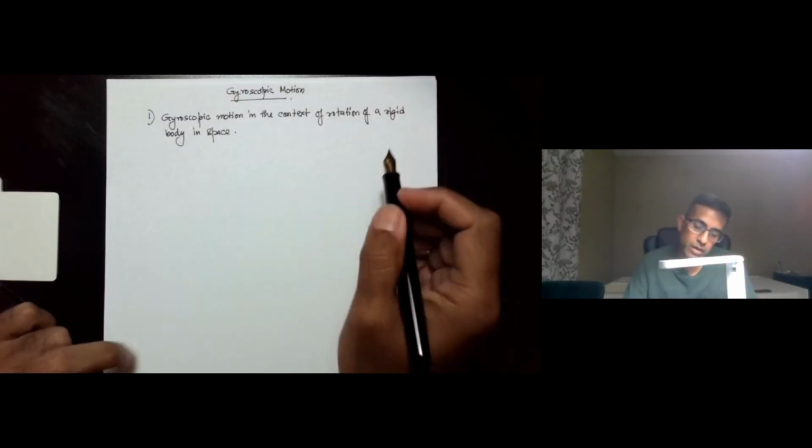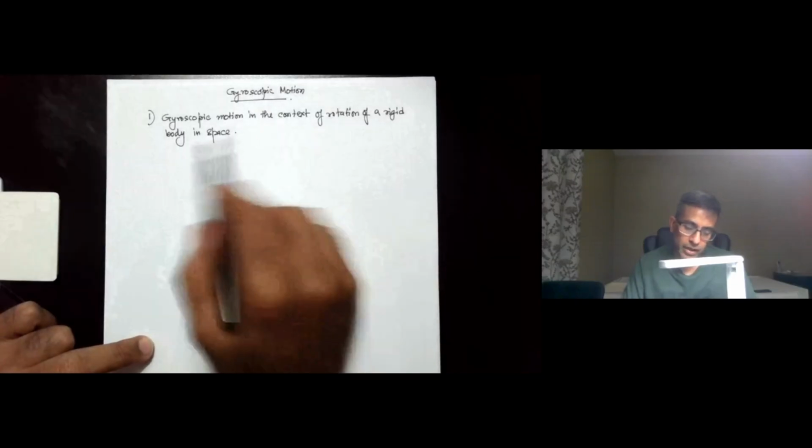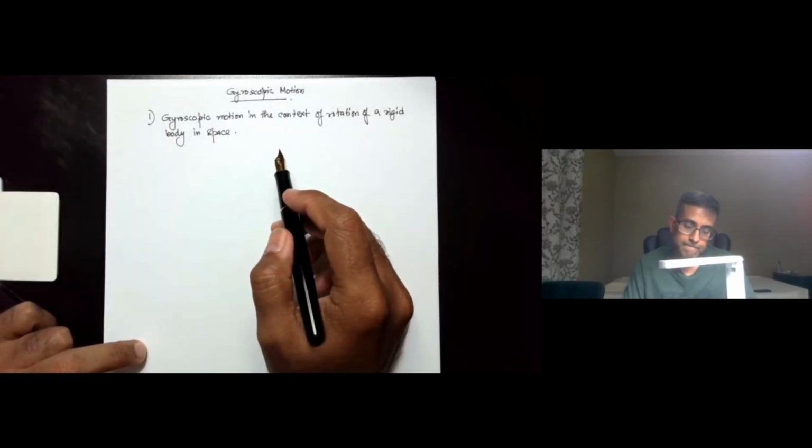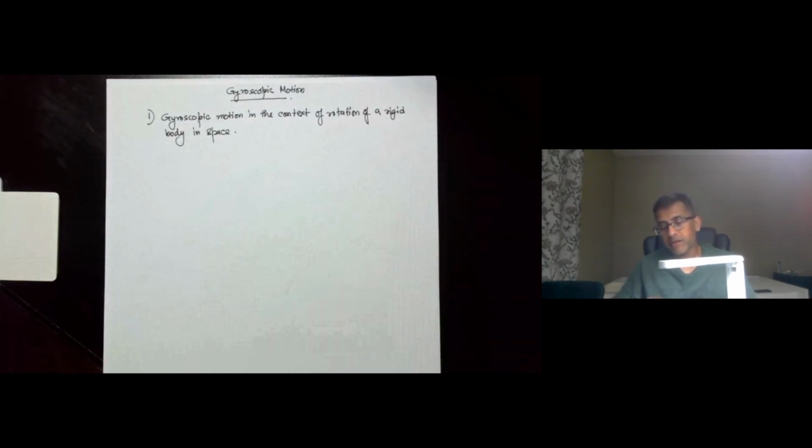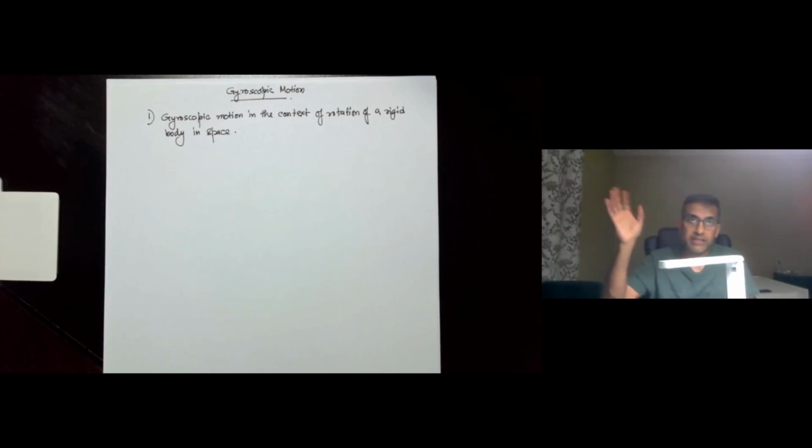So this is the first category. Now here we will be considering a rigid body whose center of mass is not necessarily moving.